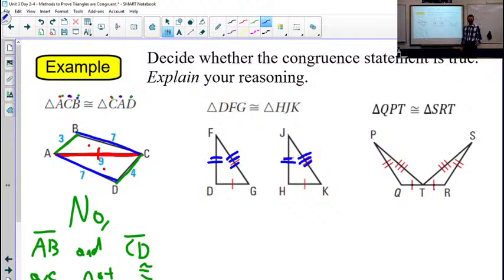Those are marked the same, so we're good there. And then D to G and H to K. So I got my tick marks all lining up in the way that the congruence statement says they should. So that means now that I've got my three sides, I can say, yes, these triangles are congruent by side, side, side.